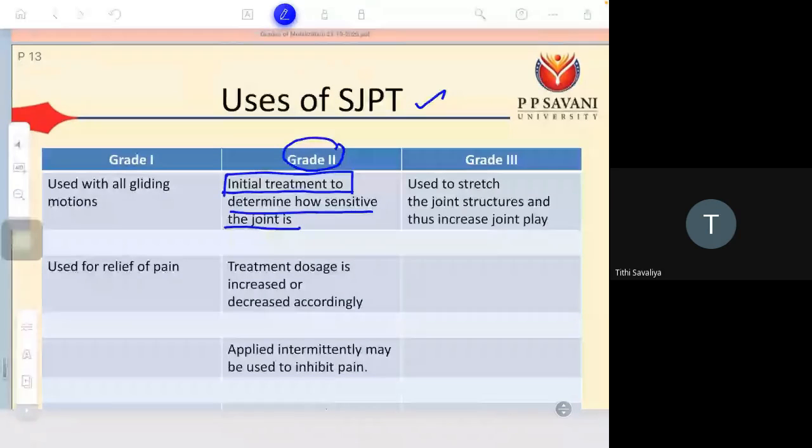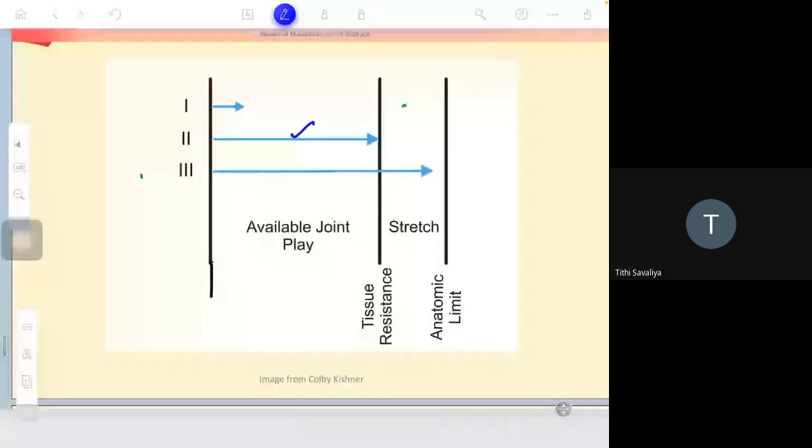Whenever a patient is coming to you, first you have to go for SGPT grade 2. What is grade 2? Here, this one. You will distract the joint till the restriction, or till you feel the tissue resistance.